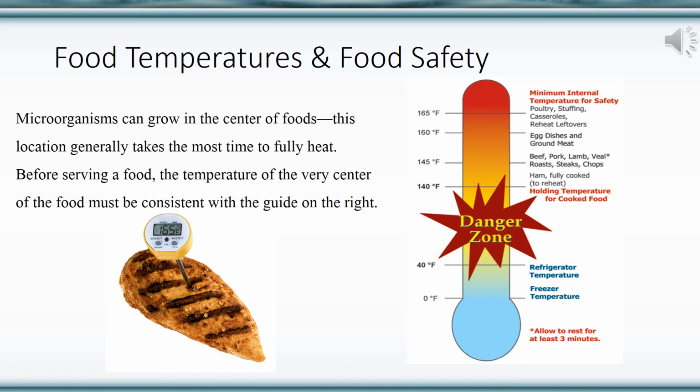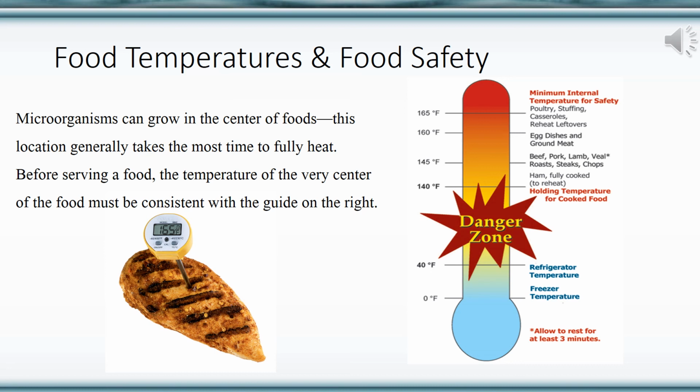So the main ranges to understand: 32 degrees and below, bacteria does not grow, but it can come alive once temperature increases. 33 to 40 degrees, bacteria can grow, but at a very slow rate, so it's considered generally safe for storage. 40 to 140, bacteria grows at a rapid rate, and then above 140 degrees, bacteria simply dies.